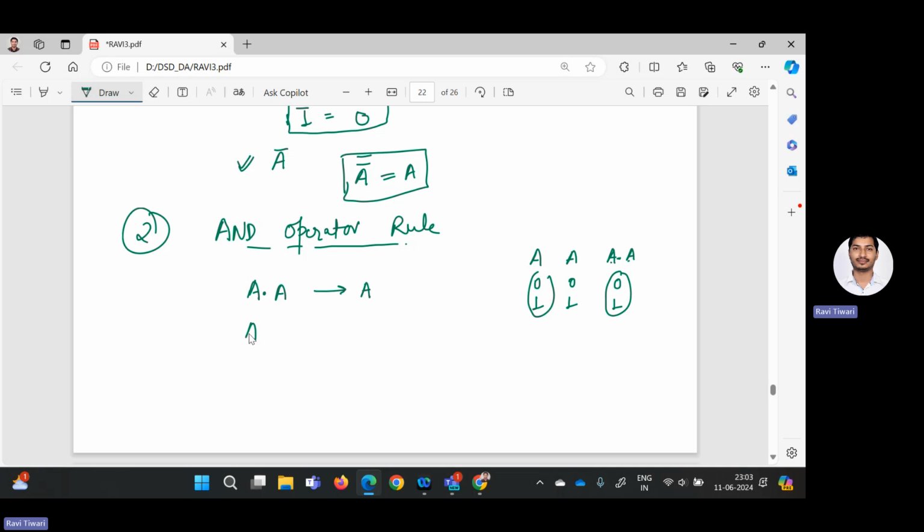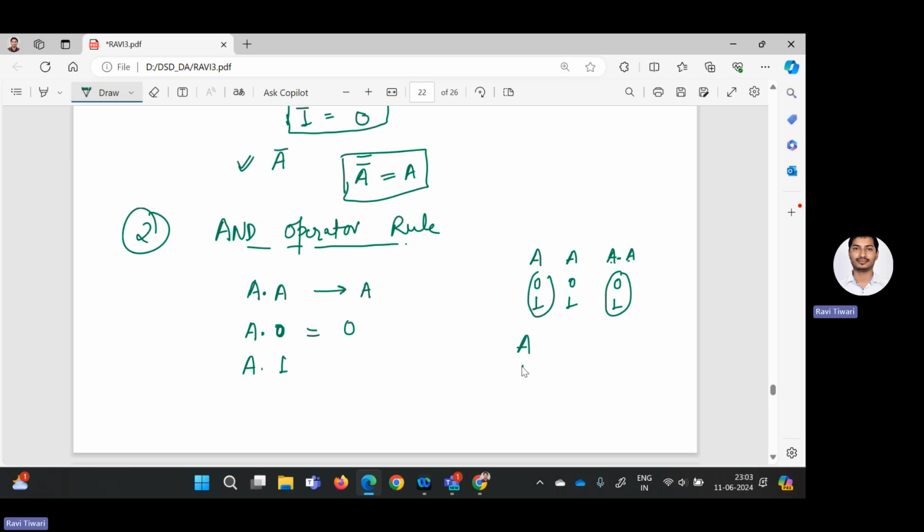If I take A dot 0, if I perform a logical multiplication with 0, I will get 0 only, because as you know, any number multiplied by 0 will give you 0. That's true. If I multiply A with 1, let's see what will happen.